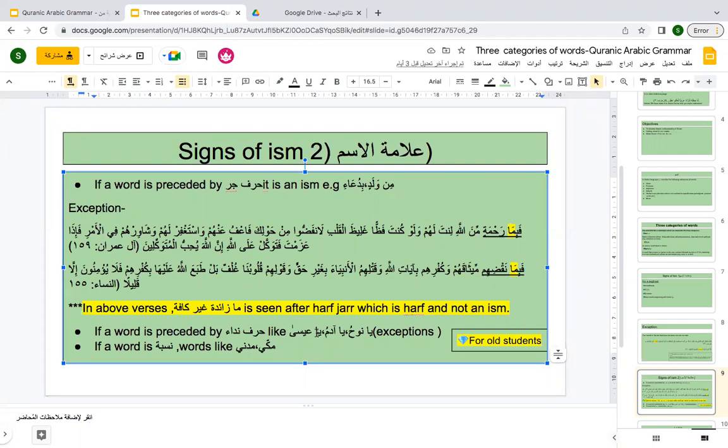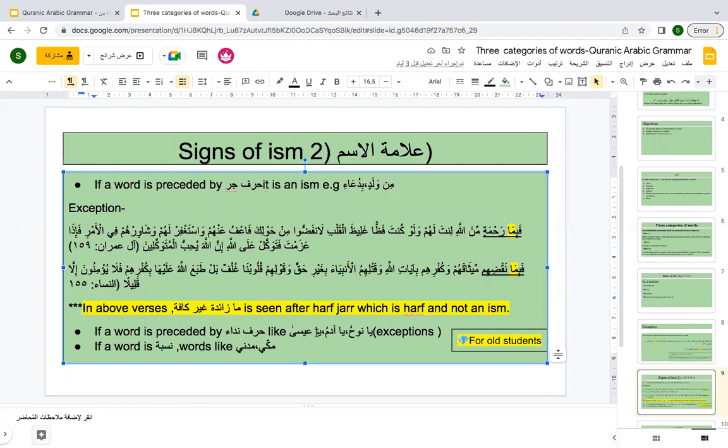If you compare this harf jar with ya, the chances are in 99.9% of cases, you will see the word that follows your harf jar is an ism. The word that follows your harf jar is an ism in 99% of cases.